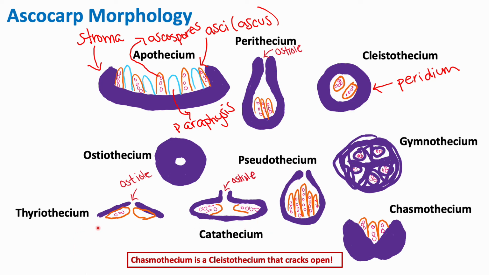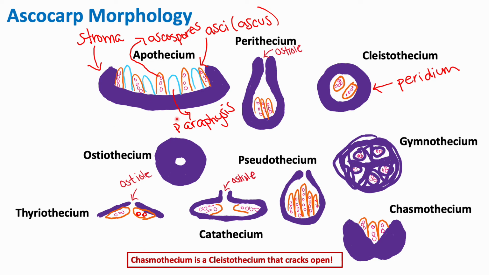Over here in the thyriothecium, we can see that there's no stroma on the bottom, but in the catathecium, we do have that stroma going all around. It's kind of like a squished perithecium, where it still has that flask shape, but since it's been squished, it's lost that flask shape character. Over here, we're actually missing the ascospores on the inside. And that is essentially the different types of ascocarp morphology.